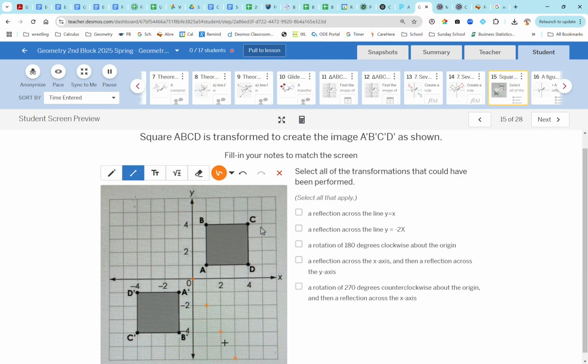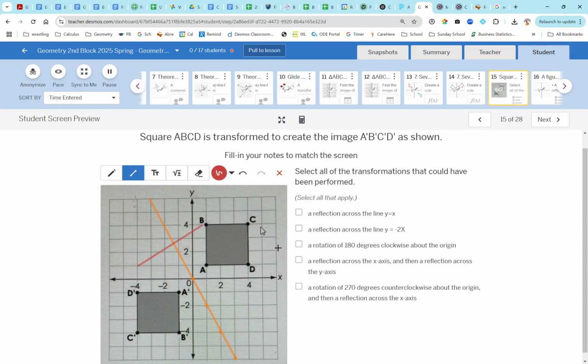Get our little segment tool here so we can connect the dots, and it's going to be this line right here that goes through those points that we just did. And this looks somewhat promising, but it quickly fades away when we look at this. B reflecting this way needs to go all the way down here. That's not going to occur. B prime would be somewhere up here. That's where B prime would be. So next one is also a no.